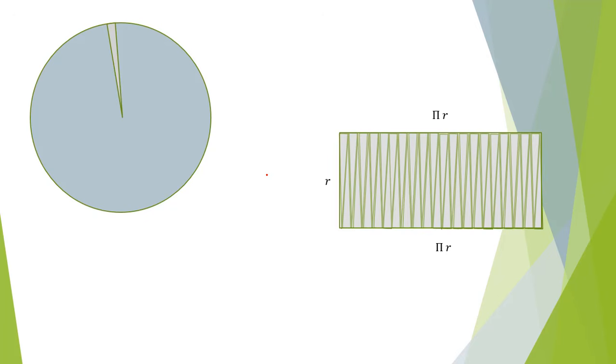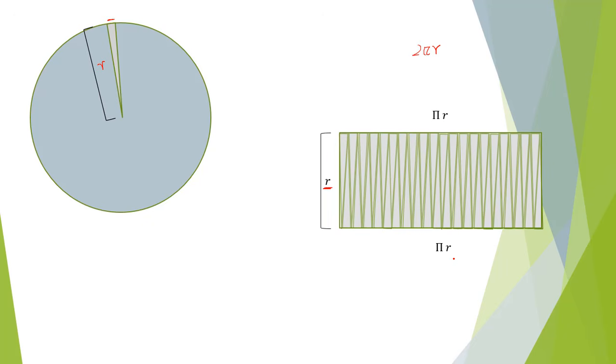It's very interesting to know that this side of the rectangle is actually the radius of the circle, and the length of the rectangle above and below is the complete circumference made up of this part of the slices.